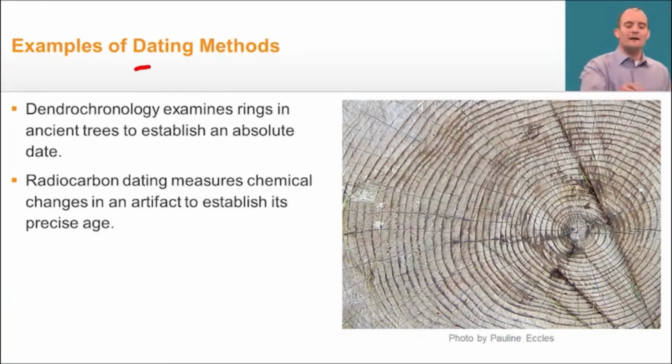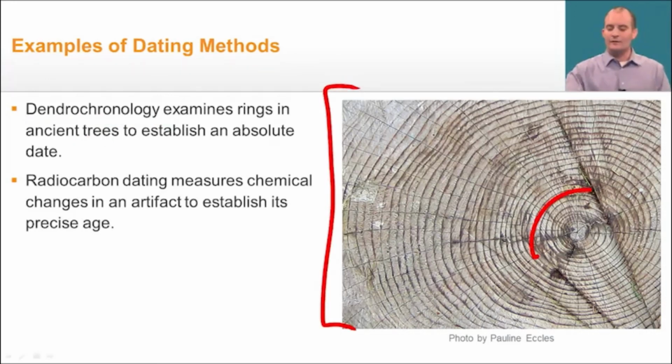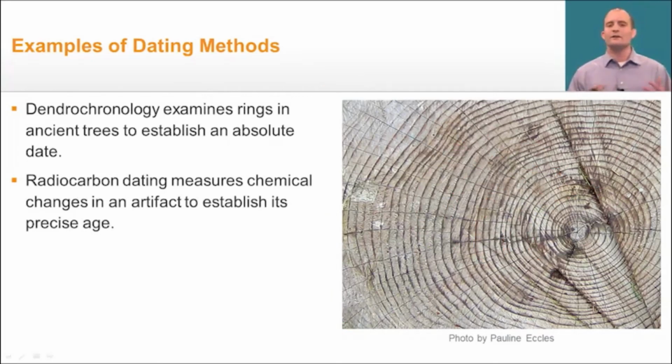Now, there are other dating methods as well. One of them is called dendrochronology. This examines the rings of ancient trees to establish an absolute date. If you look at the picture here, you'll notice there are obviously rings around this tree. You may have seen this if you've ever seen a tree that has been chopped down. Each ring usually notates 1 year.